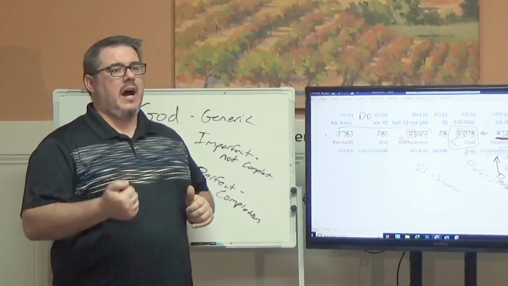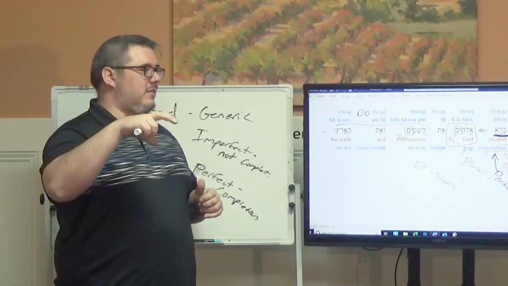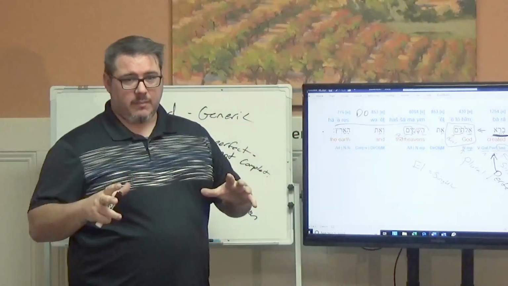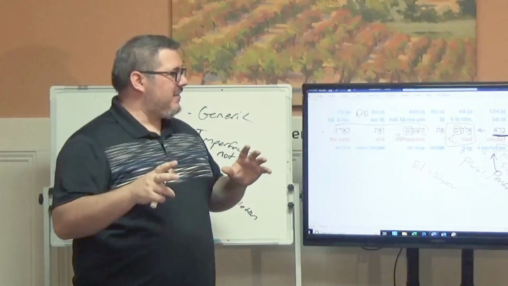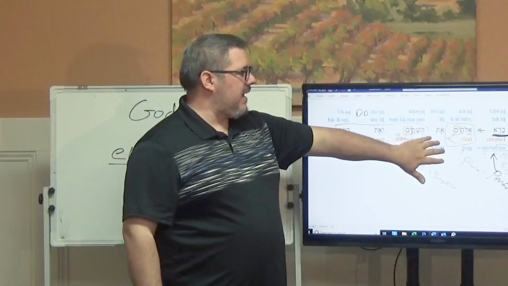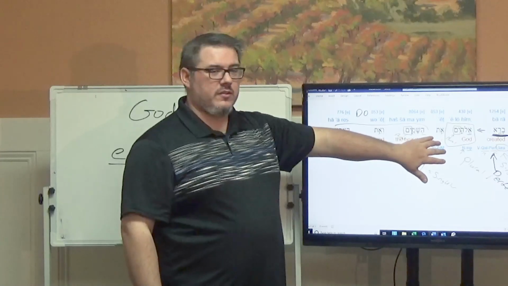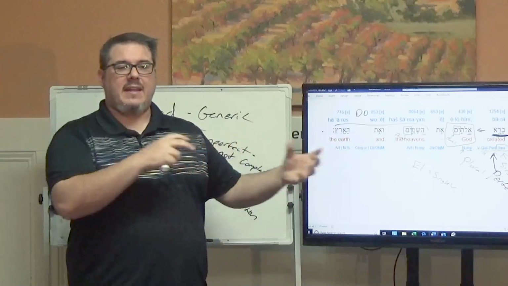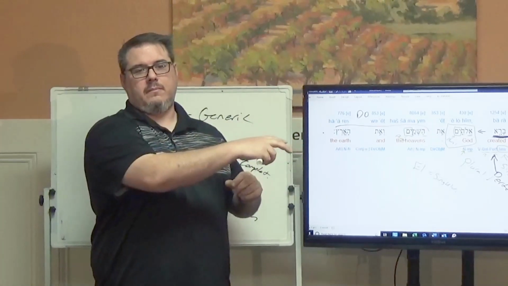So much so that God even diminishes his own name. I'm sorry, let me back up. That sounds horrible. He didn't diminish his own name. What he did was he took that name that was used in reference to him, that generic form, and then he used that to connect us to him.